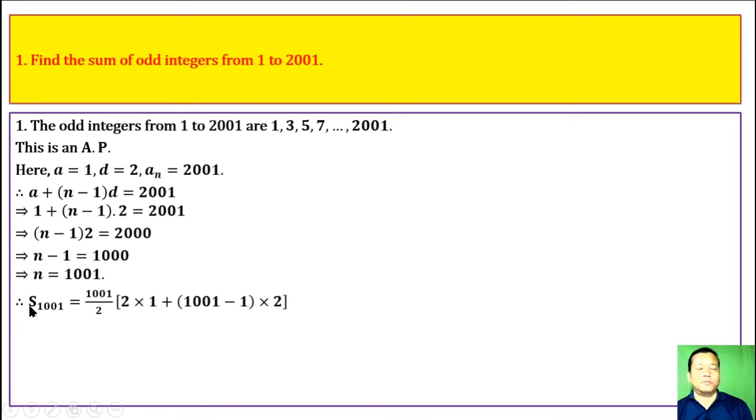Therefore, the sum of the odd integers from 1 to 2001 is equal to n by 2, where n is 1001, times (twice a, that is 2 times 1, plus (n minus 1) times d, where n is 1001 and the common difference is 2). Taking out 2 and cancelling, we get 1001 times (1 plus 1000). That is 1001 times 1001, whose value is 1002001, which is the required sum.